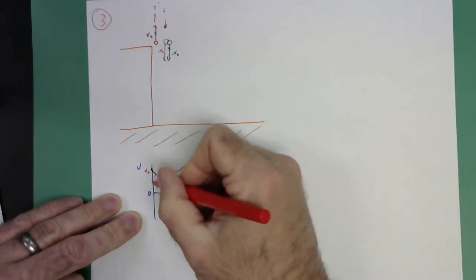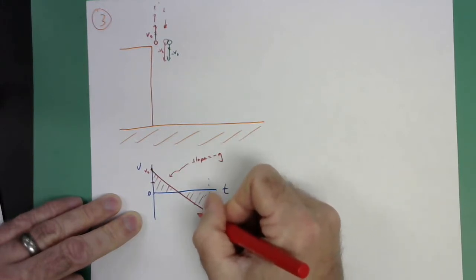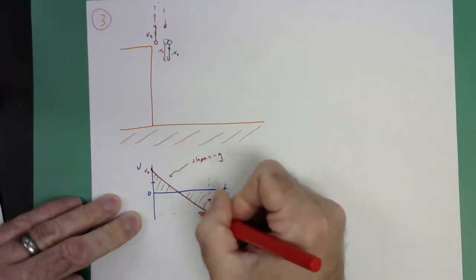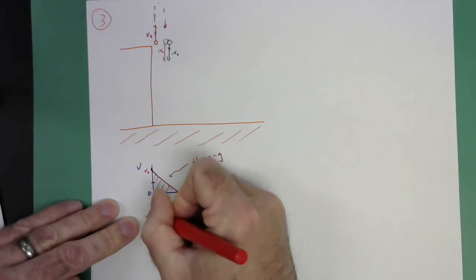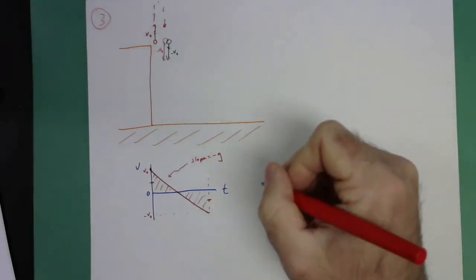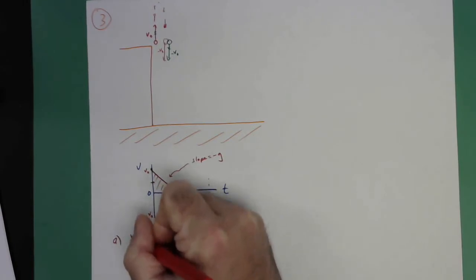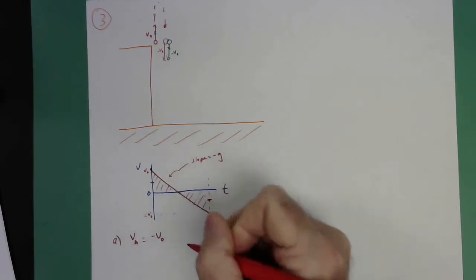And that means the magnitude of this is the same as the magnitude of this. And that means over here that this is negative v naught, by symmetry. And so that is the deal. So our answer for part A is that the v of ball A at the end there is just negative v naught.